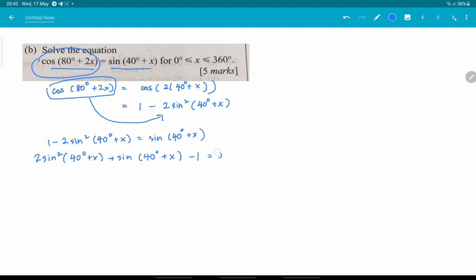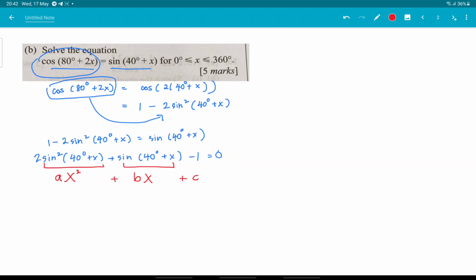Now, you can see here, this one is like x squared, and this one is like x. So the form of this equation satisfies the form of the general quadratic. We call it a pseudo-quadratic equation.